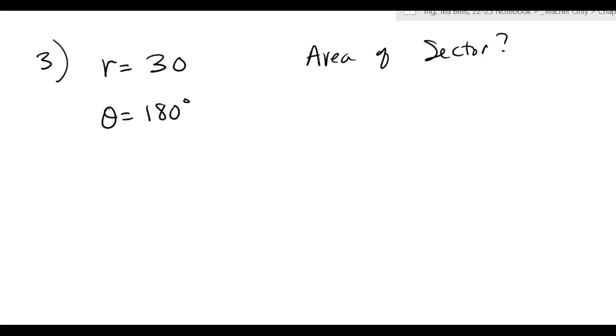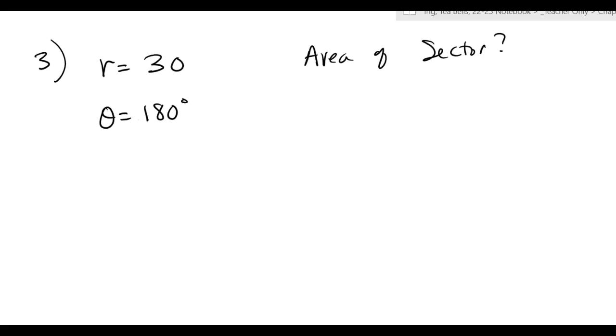All right, and then our last problem is just going to be area of a sector. So our area of a sector equation is 1/2 the radius squared times our angle. And in both of these equations, we need our angle in radians. Again, we know this one is in degrees, one because it has a degree symbol and it doesn't contain pi.